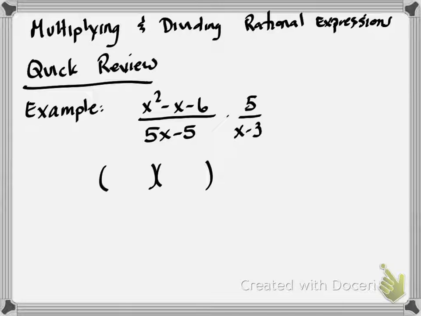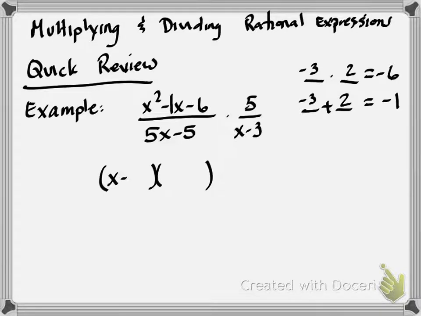In order to factor that, you had to figure out what multiplied to negative 6, and the same two things had to add up to negative 1, because remember, there is a negative 1 right there in front of the x. And through a little bit of thinking, if you came up with negative 3 and positive 2, you are correct. And so that factors into x minus 3 and x plus 2.